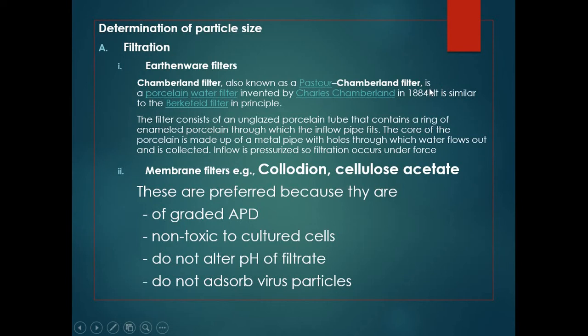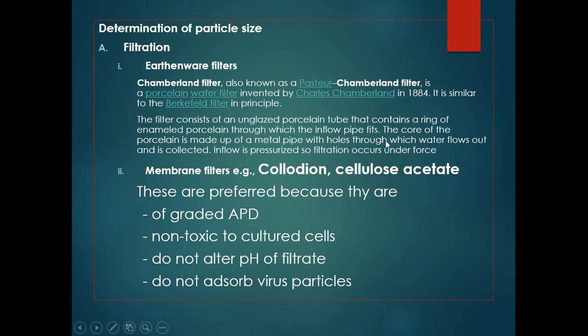It is a porcelain water filter invented by Charles Chamberland in 1884. It is similar to the Berkefeld filter in principle. The filter consists of an unglazed porcelain tube that contains a ring of enameled porcelain through which the inflow pipe fits.